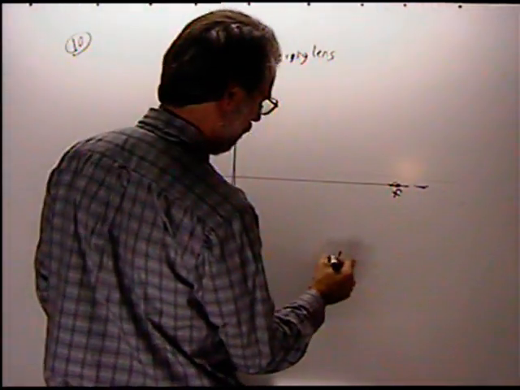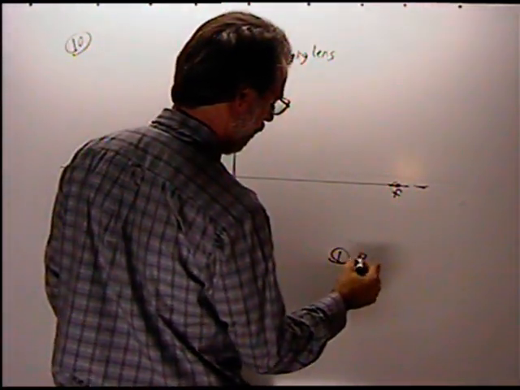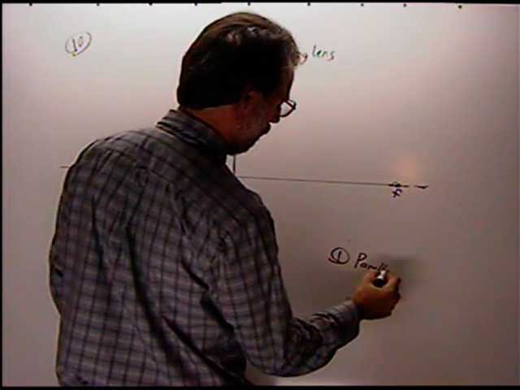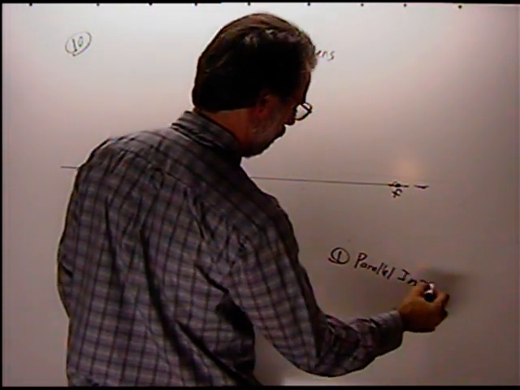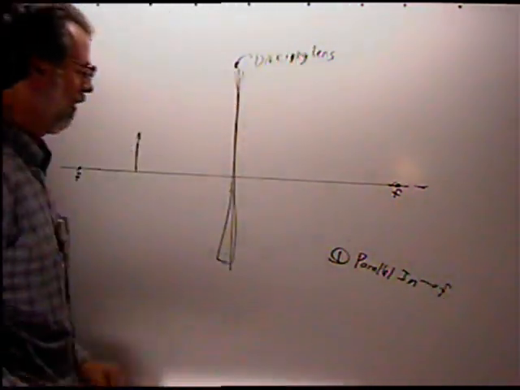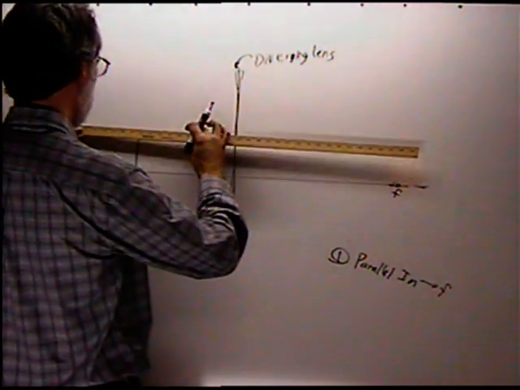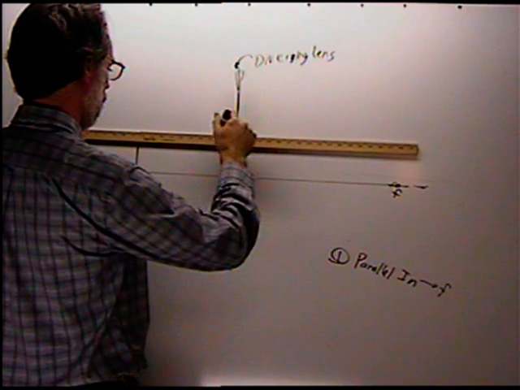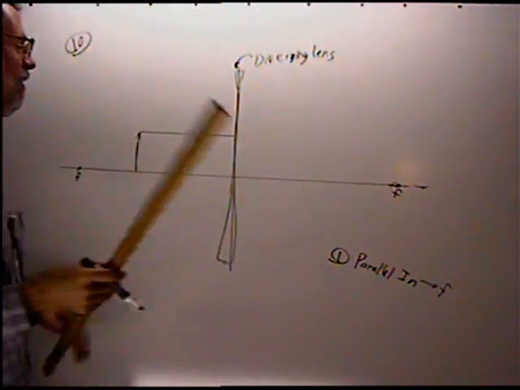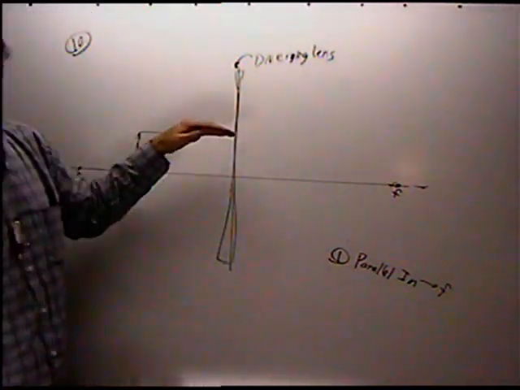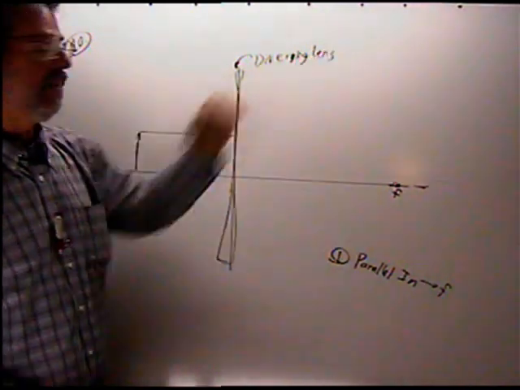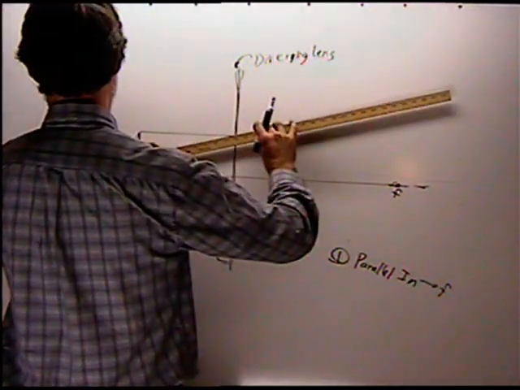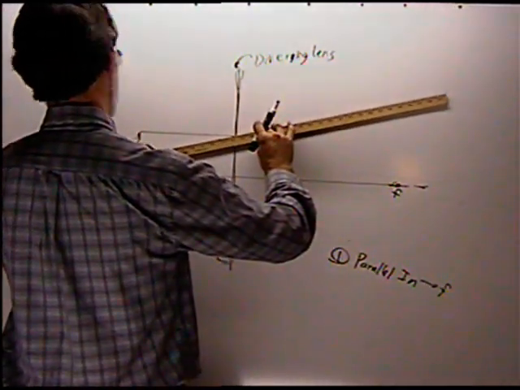Okay, number 1, the first ray is parallel in and through the focal point. So the ray goes parallel in. But notice this is a diverging lens, so when rays go parallel in, they diverge out, but it diverges such that it looks as if it's going through the focal point.